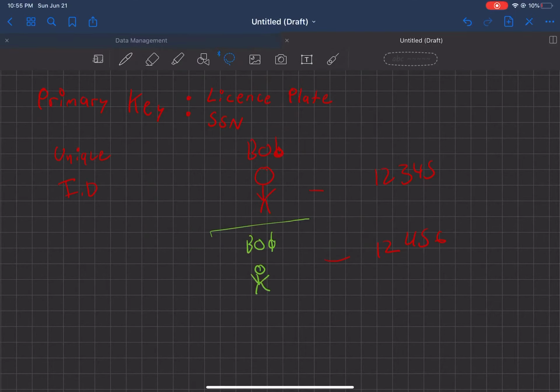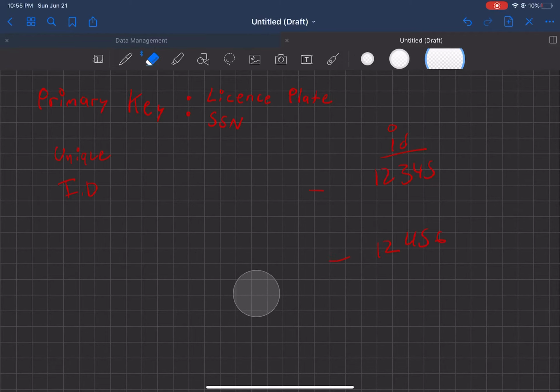So therefore, I can differentiate between this Bob and, let's say, for example, this Bob here, who is green. Okay? This way, my database knows there's a difference between these two, right? Even though their names are both Bob, this guy has an ID of 1, 2, 3, 4, 5 versus 1, 2, 4, 5, 6. So you can see in this case, this is a one-to-one, but that's not the point. In this case, the social security number would be a primary key or a unique identifier for a person.